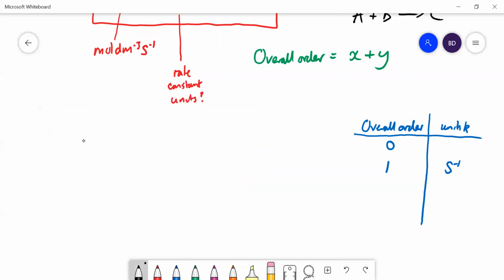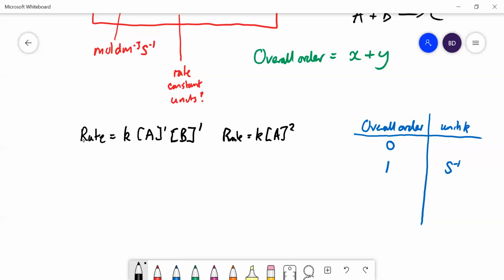So a second order reaction, rate is equal to K, A to the 1, B to the 1, so 1 plus 1 makes 2, or I could have just rate is equal to K A squared. That would also be second order, it wouldn't make any difference. So what are the units?